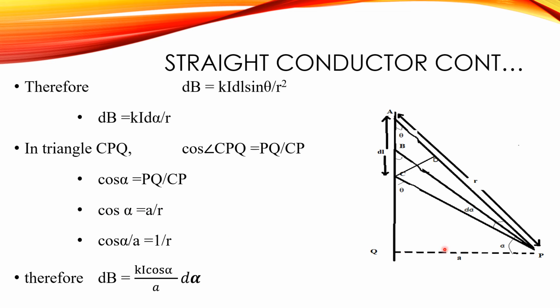This is A, and since AP is nearly equal to BP, which is nearly equal to CP, which is nearly equal to r, cos alpha is equal to A by r. So cos alpha by A is nothing but 1 by r. We are going to substitute this 1 by r as cos alpha by A. So the equation turns out to be Ki cos alpha by A into d alpha.